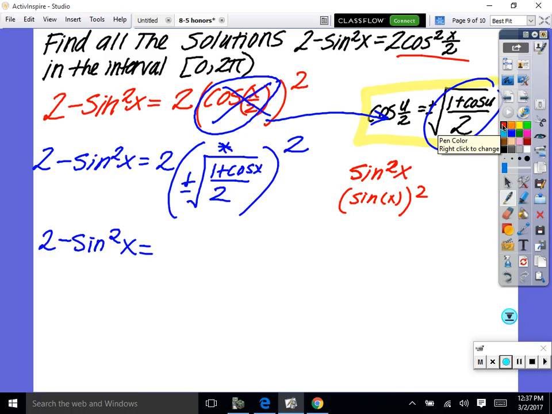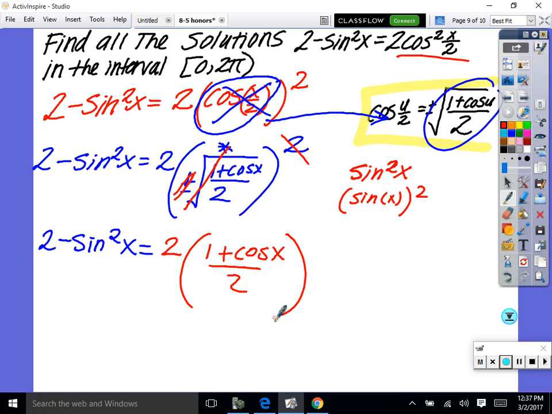Yeah. So those won't matter because they're squared. And then root and power, don't they cancel out? Yeah. So we have 2 times what's left over, 1 plus cosine of x all over 2, don't we? Good, those 2's divided out. So we're dealing with 2 minus sine squared x equals 1 plus cosine of x.